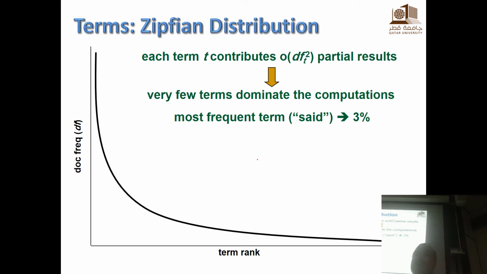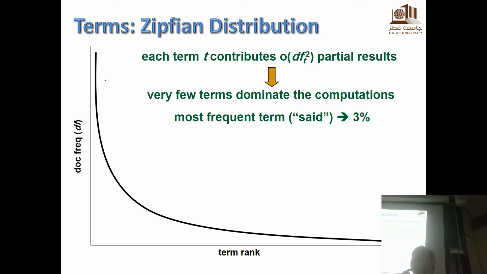Now let's give you some information about how terms actually appear in text documents. It's the power law distribution. What does that mean? The x-axis here is terms, and the y-axis is the document frequency of that term.